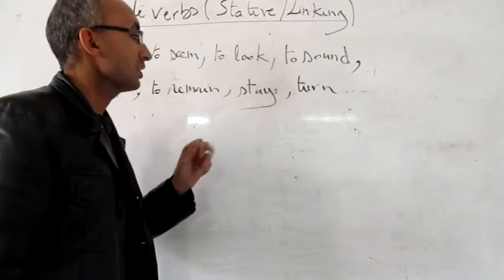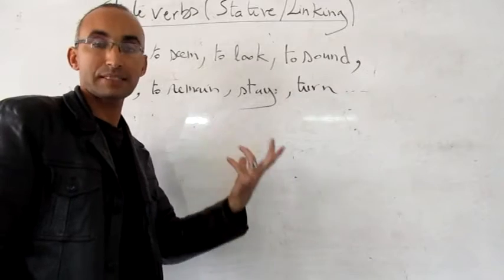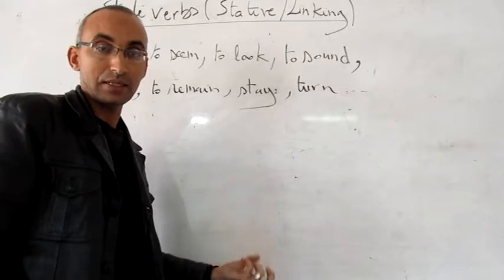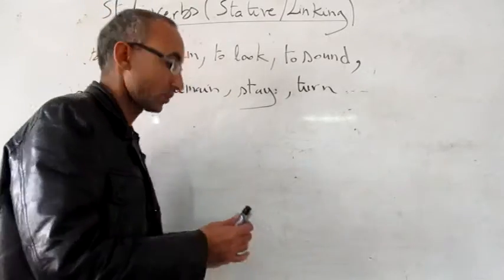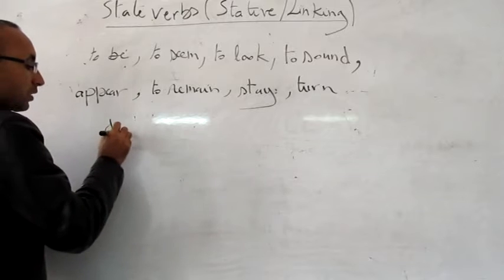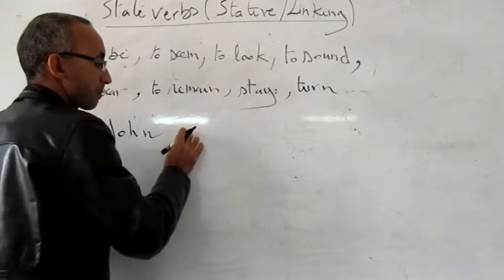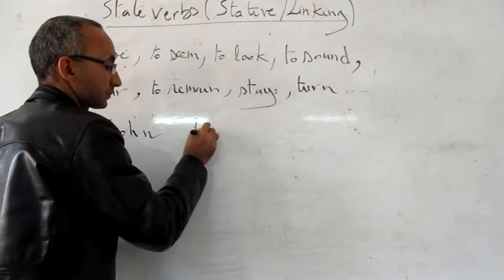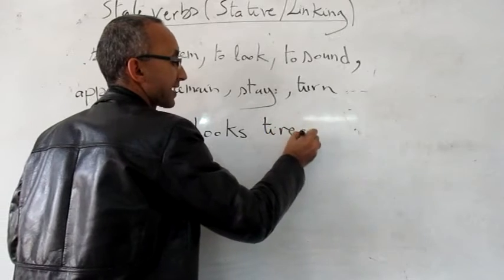Now, let's take an example and see how our fourth type of complements is placed next to these linking verbs. For example, we say, are we right? John looks tired.